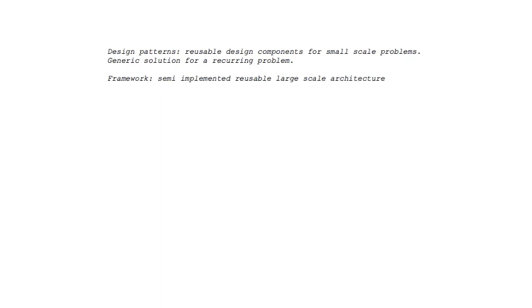So 100 times with the same problem and the same set of design patterns, the designs will be 100 different designs, but all of them are still following the guidelines of the design patterns. So that's the idea of a generic solution for a recurring problem.